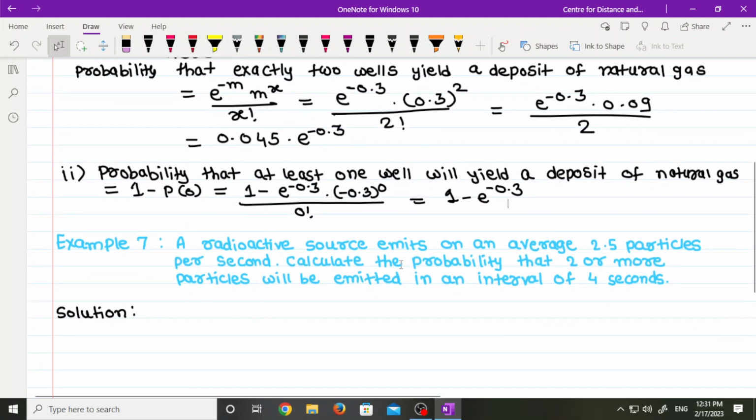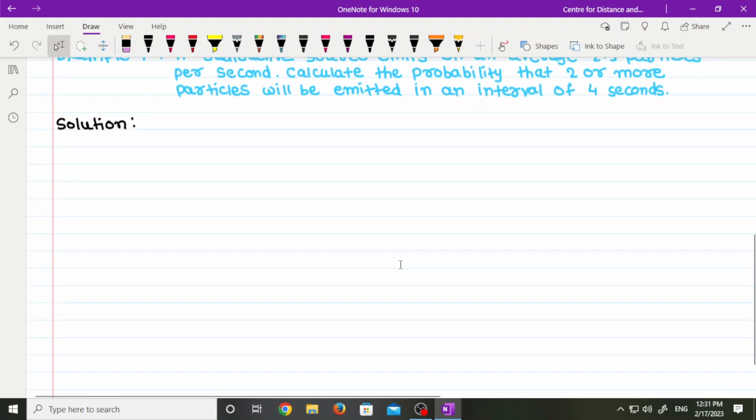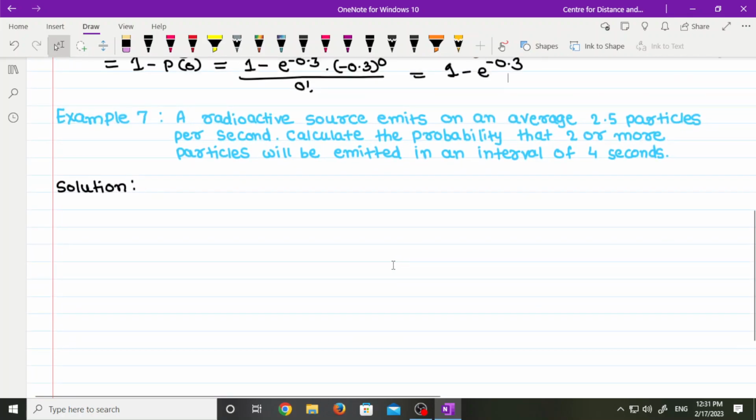Now, we see the next example, example number 7. A radioactive source emits on an average 2.5 particles per second. Calculate the probability that 2 or more particles will be emitted in an interval of 4 seconds.